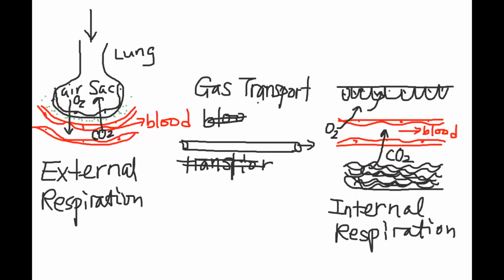So the external respiration is number one, and gas transport is number two, and the third part will be the internal respiration. So this is basically the three big parts for the respiratory system. Okay, so we're going to focus on the three parts, right? And then today we're just going to focus on the anatomy part.